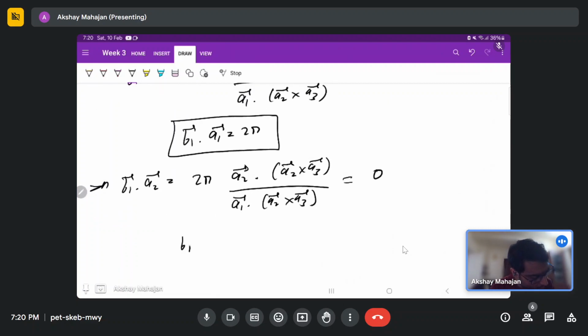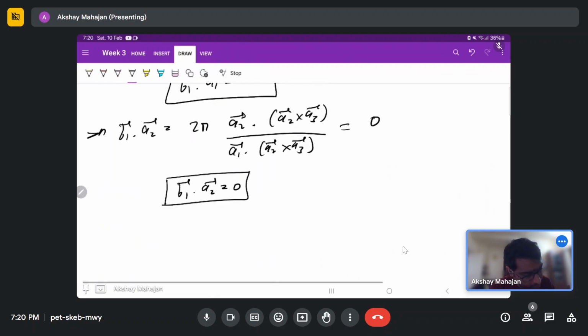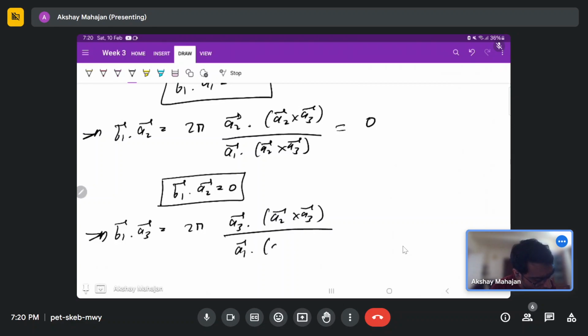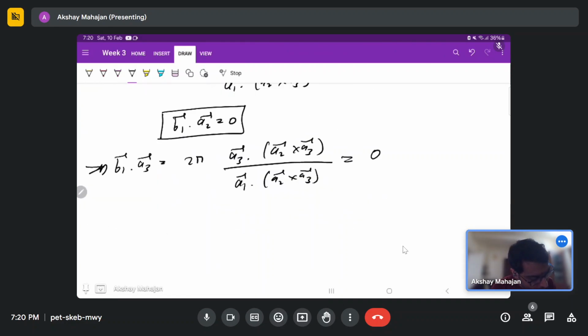So we have b1 vector dot a2 vector is equal to 0, and then we can check b1 vector dot a3 vector as well. It's the same: a3 vector dot a2 vector cross a3 vector divided by a1 vector dot a2 vector cross a3 vector. Again, a3 vector is perpendicular to a2 vector cross a3 vector, so it will be 0. So we have b1 vector dot a3 vector is equal to 0.